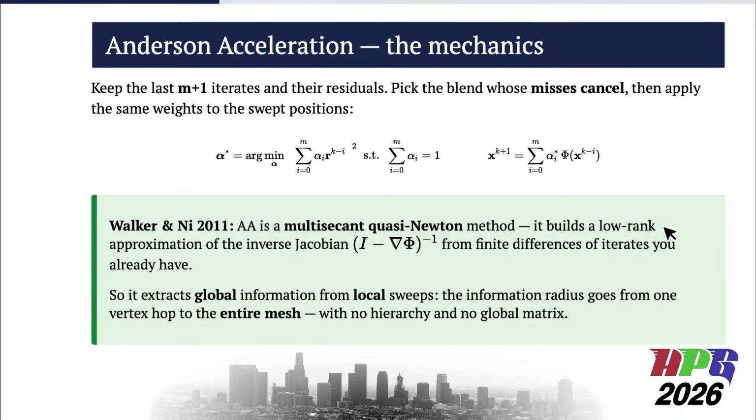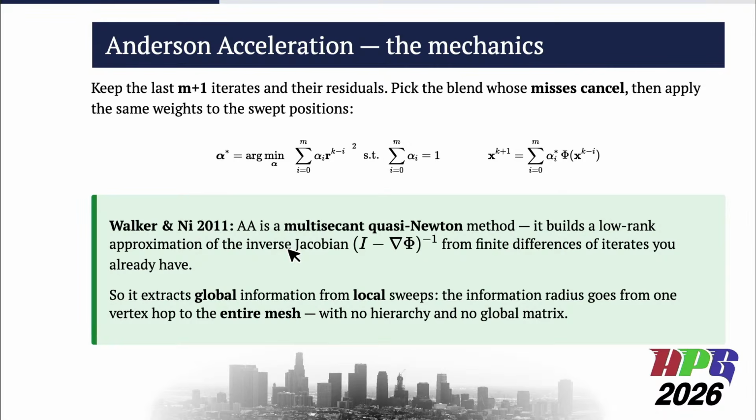In Anderson acceleration, we can choose how many history states we use for extrapolation. Here we set it as m+1. As a previous paper already proposed, Anderson acceleration is a multi-secant quasi-Newton method, and it extracts global information from local sweeps.